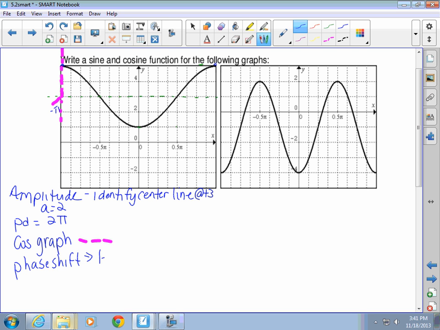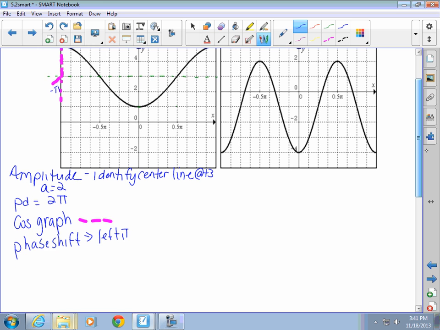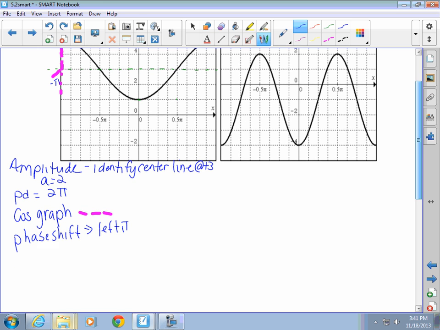So that means it is a left pi. So from this so far, my period is 2 pi, I know my center line is at 3, and I figured out my amplitude is a 2. So that means my A is equal to 2.